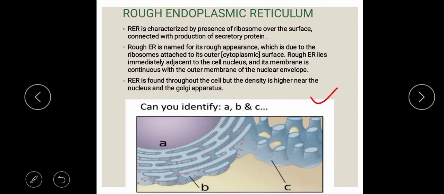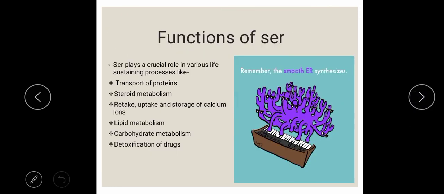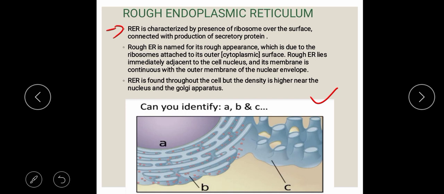Now the rough endoplasmic reticulum is characterized by the presence of ribosomes over the surface and is connected with the production of secretory vesicles. Rough endoplasmic reticulum is named for its rough appearance, which is due to the ribosomes attached to its outer cytoplasmic surface.